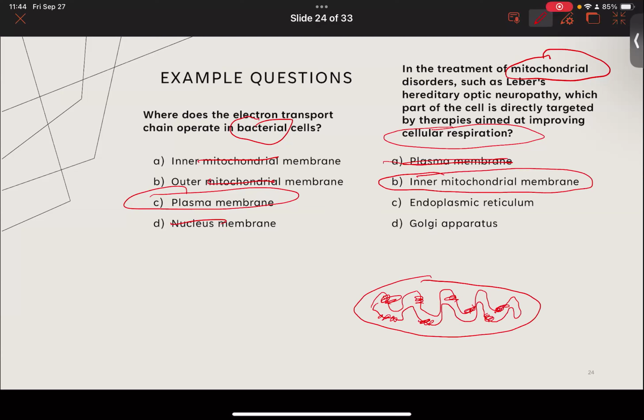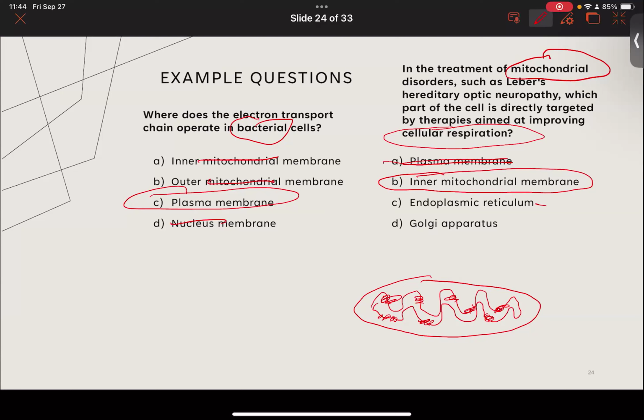So that's our inner membrane, and that is equivalent to the plasma membrane of bacteria, maybe specifically because we've got two membranes, like gram-negative bacteria, right? So you can see that could be the resemblance. We're just squiggling that inner membrane around. The endoplasmic reticulum is not involved in cellular respiration, and neither is the Golgi apparatus.